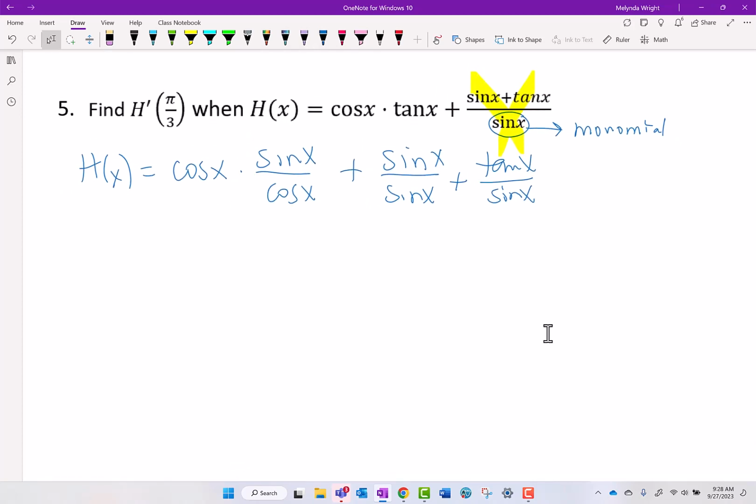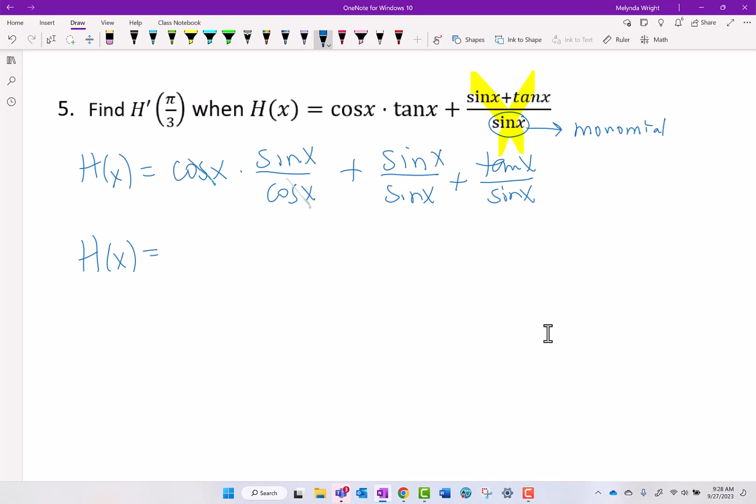Okay. Is everybody okay so far? Okay, so I think we're going to be able to do some good stuff here. I hope we can see that those cosines would cancel. So I'm just rewriting.